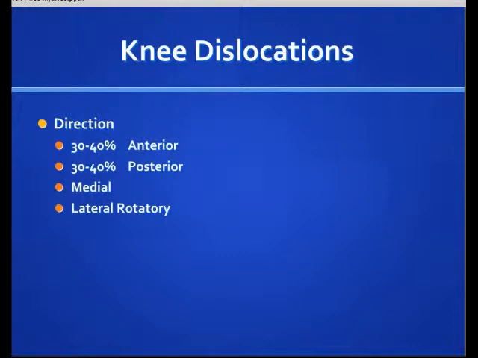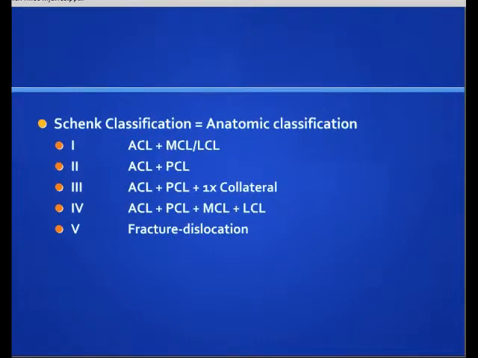So all the way from just the ACL plus one of the collaterals, to ACL and PCL. Grade 3 is ACL, PCL, and one of the corners, and the more severe injury includes all 4 ligaments.